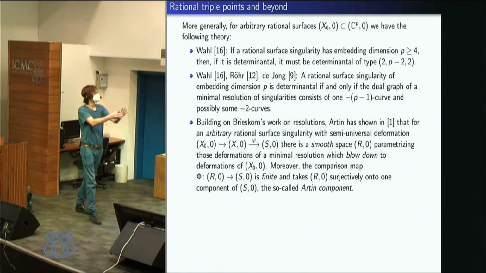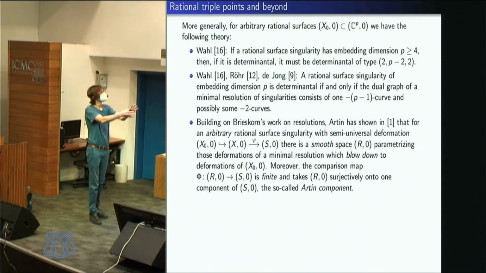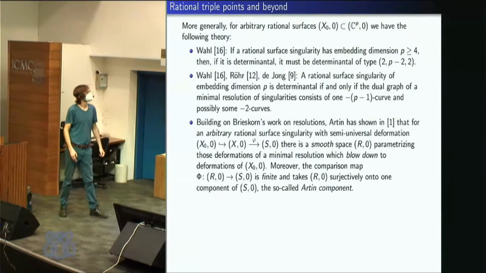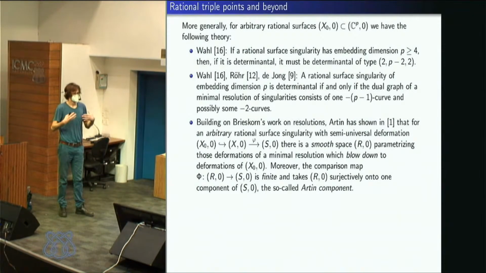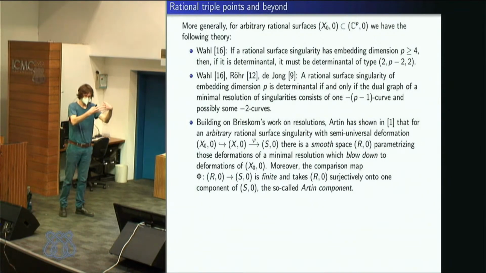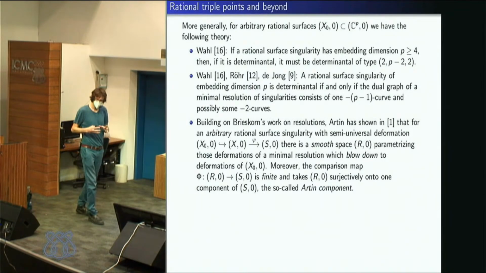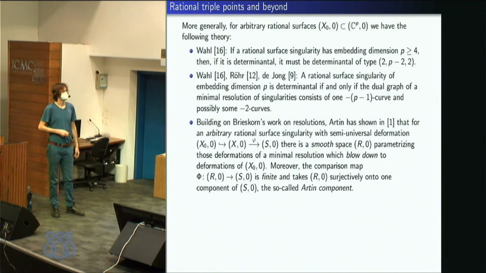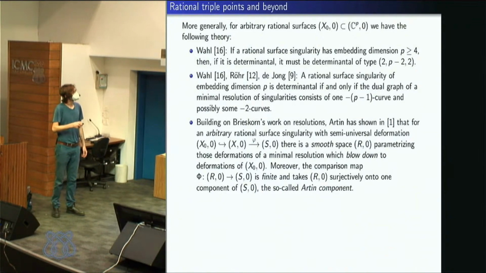Right? There is a so-called Artin component, or there might be a so-called Artin component of the rational surface singularity, which is singled out by the case that after some pullback, you can write the deformations there as determinantal. No, not yet determinantal, as resolutions in family.